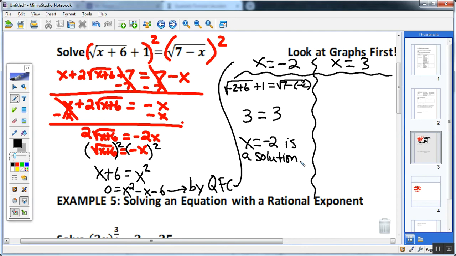Let's check it out. Let's see what happens when I throw 3 in here. So this becomes the root of 3 plus 6, plus 1, equals the root of 7 minus 3. Hey, help me out on the left side. What's the left side going to equal after I've substituted 3 in that we think might be a solution?